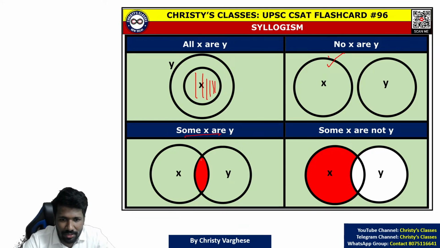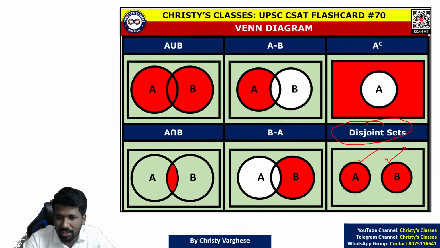Some x are y means this red region. Some x are y. Other x, we don't know whether they are y or not. Some x are not y means at least a few x are not y. For example, this red region, these are x which are not y. Na? Yeah, in the last class we discussed a minus b, b minus a. You can relate to that also. There it was more mathematical analysis.